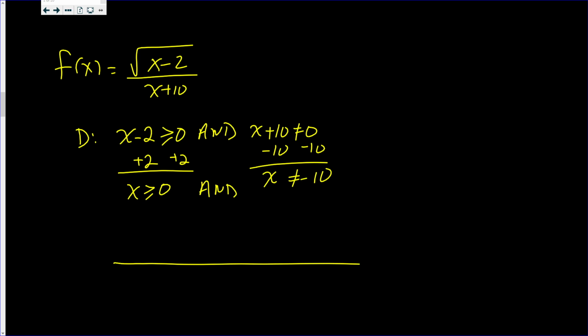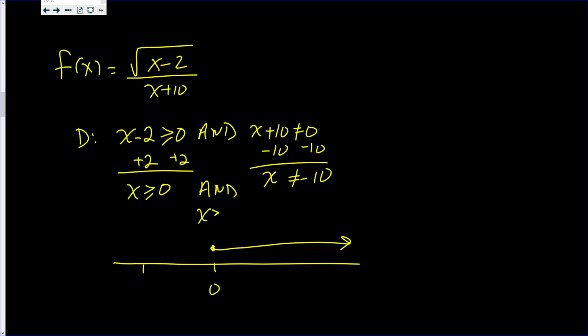Well, if x is 0 or above, x can't be negative 10 anyway. It wasn't like I'm including negative 10 from the first part and then I have to remove it. No. This negative 10 is said to be redundant.